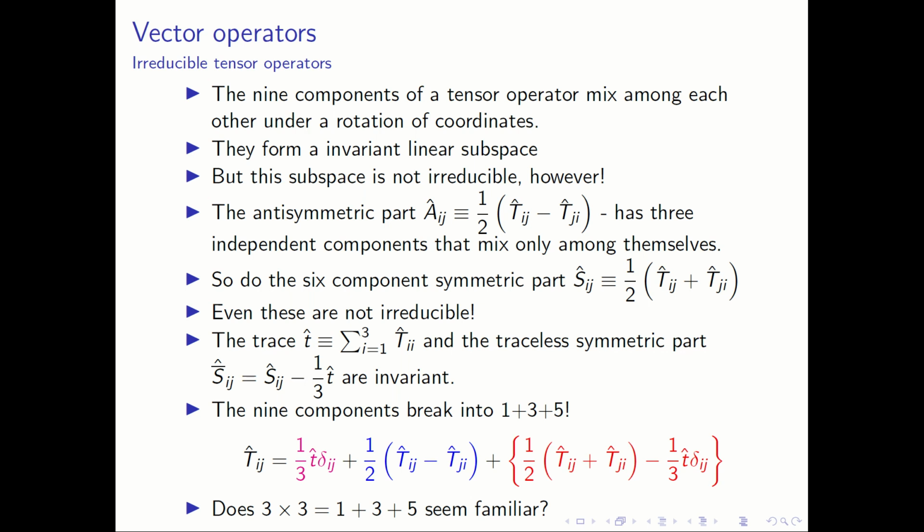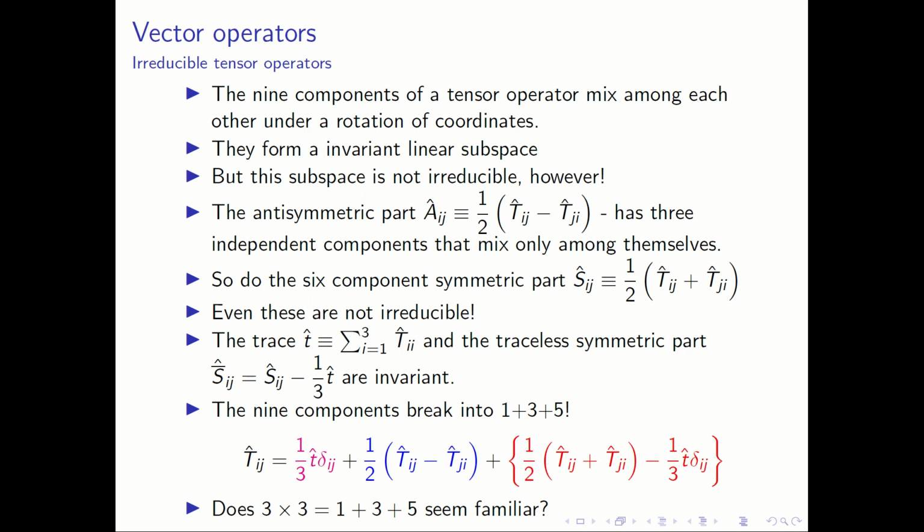What you see is when you add a spin 1, j equal to 1, to a j equal to 1, which remember are both 3-dimensional subspaces, you end up with a 9-dimensional direct product space which decomposes into 3 invariant subspaces corresponding to j equal to 0, j equal to 1, j equal to 2, which in turn generate a 1-dimensional, 3-dimensional and 5-dimensional subspace respectively.